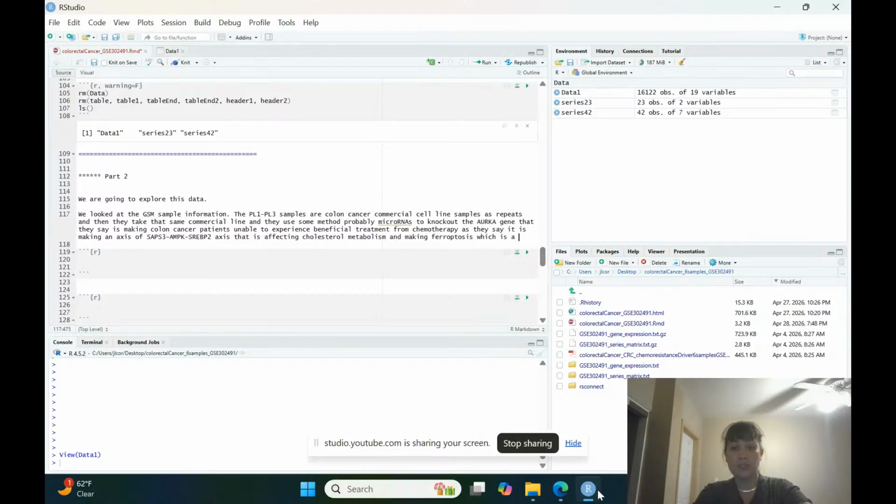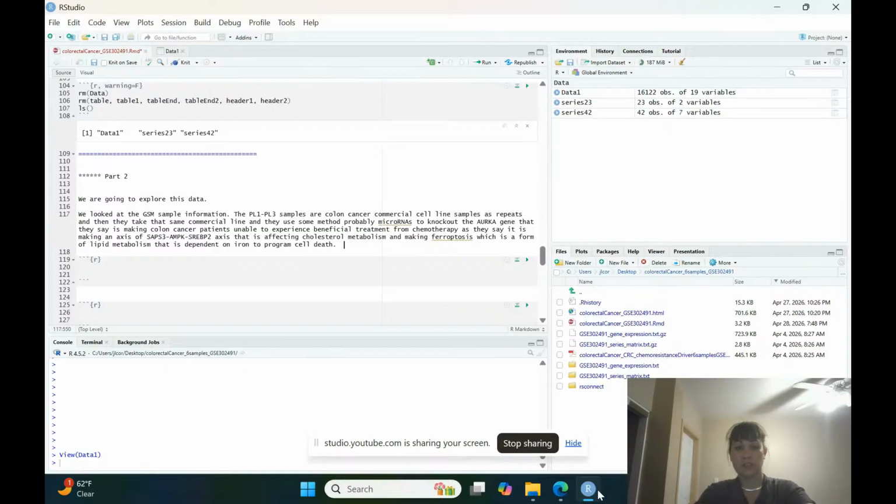Ferroptosis, which is a form of lipid metabolism that is dependent on iron to program cell death. We don't need to be exact. It's basically just cell death and iron. Yeah, ferritin, ferrous, ferric, iron. Yeah, that makes sense.